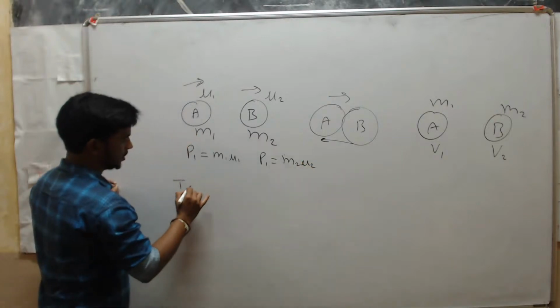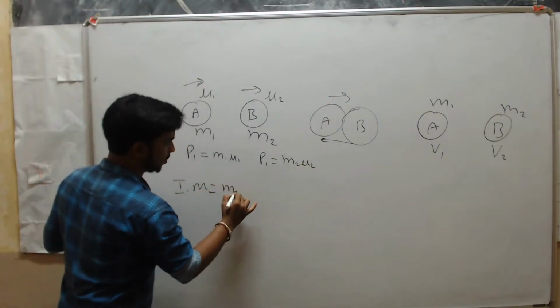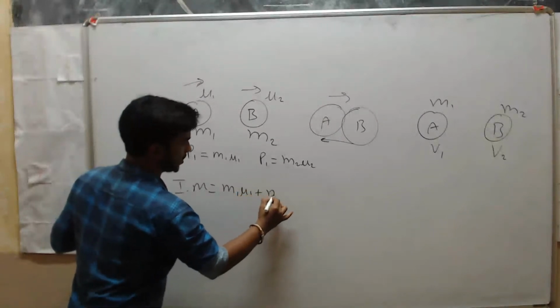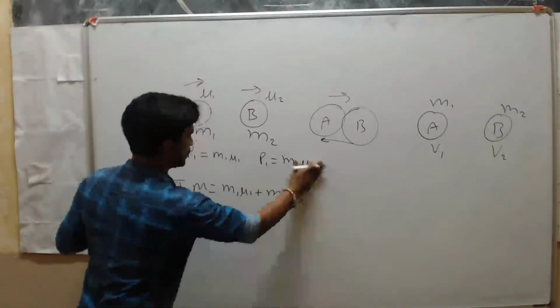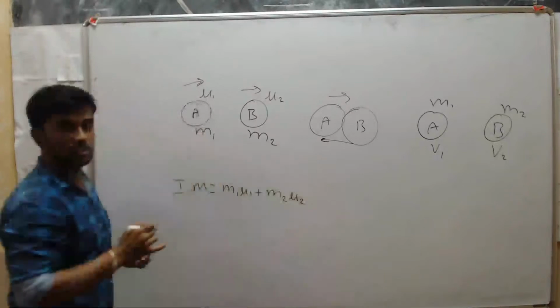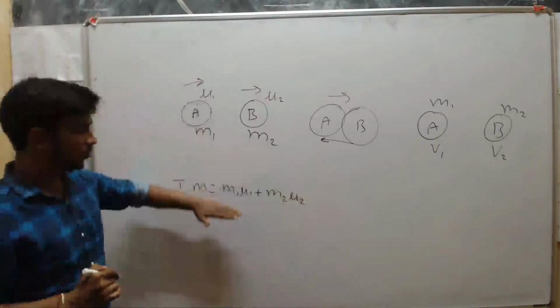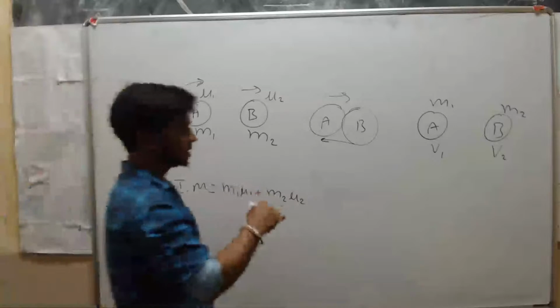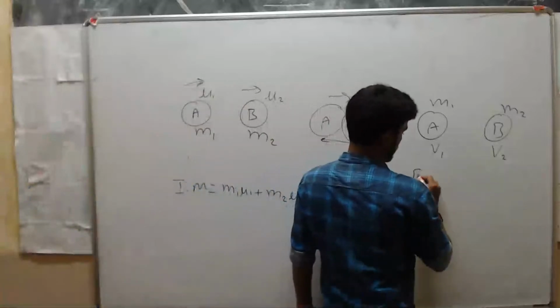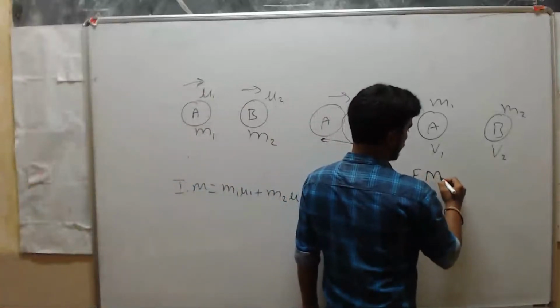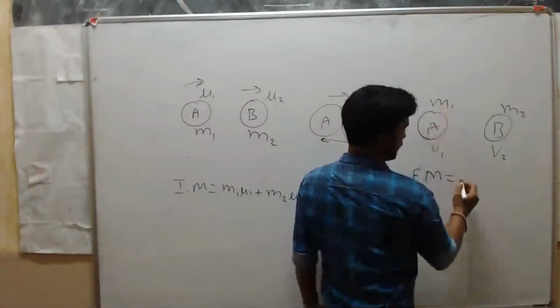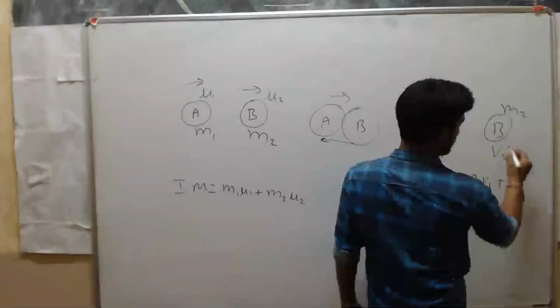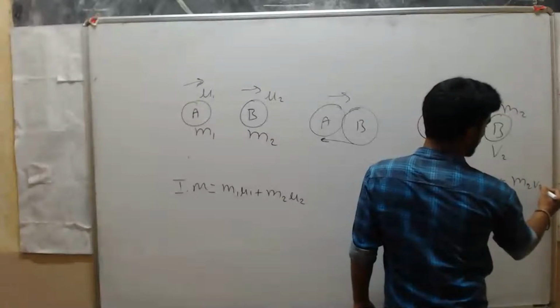So the initial momentum is equal to M1 U1 plus M2 U2. This is the total initial momentum before collision. Then what is the total final momentum? Here also the same: final momentum is M1 V1 plus M2 V2.